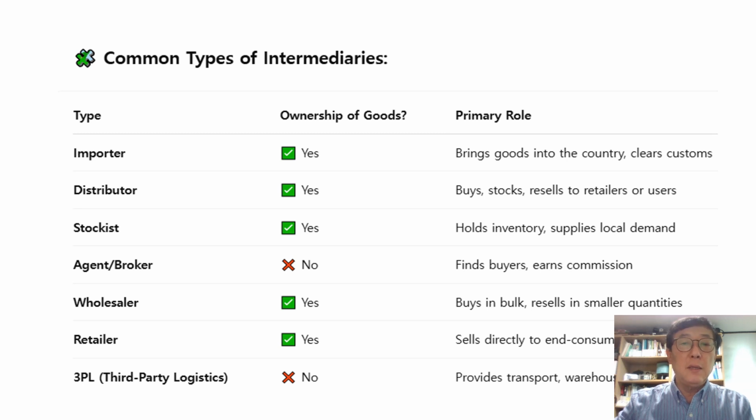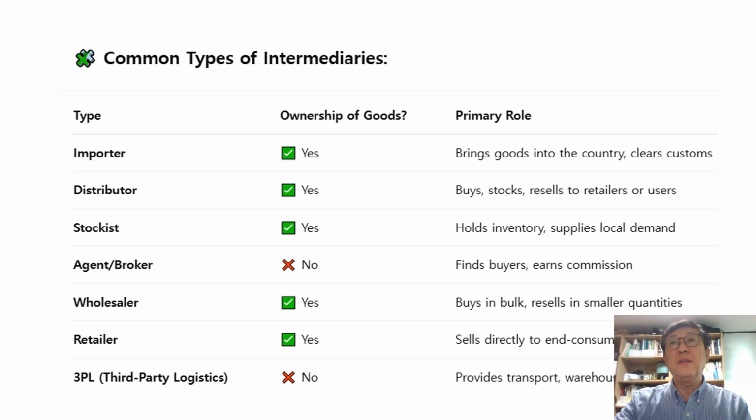And a wholesaler buys in bulk and resells in small quantities. A retailer sells directly to end consumers. If we buy products at Korzinka, that is an example of a retailer. And the last type is 3PL, third-party logistics.